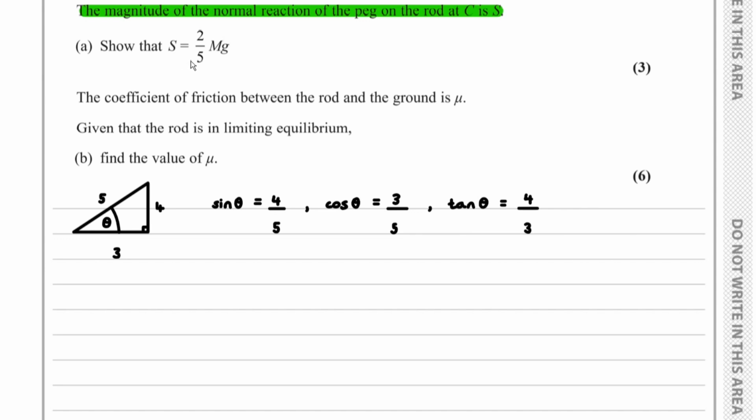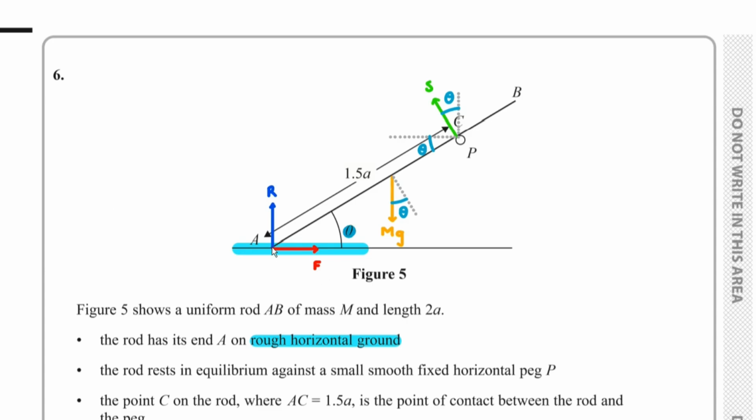Part A, show that S is equal to 2 over 5 mg. Now for us to do this question, we need to take moments about A. The reason we take moments about A is because this will eliminate R and F. So we have clockwise equaling anti-clockwise. So taking moments about A, from here to here we've got a length of a. The force acting down is mg.